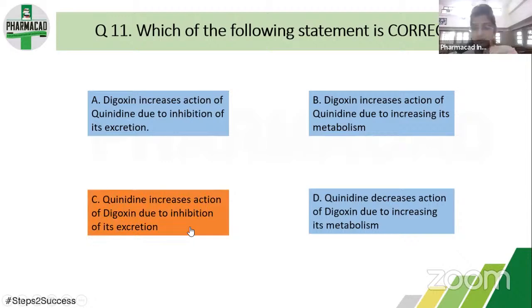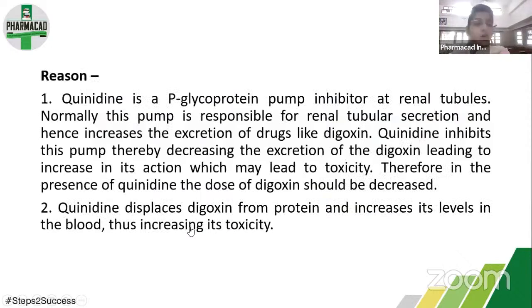So let us look why it does so. The reason behind it is that quinidine is a P-gp pump inhibitor, and it acts at the renal tubule. Normally this P-glycoprotein pump at the renal tubule is responsible for renal tubular secretion, and hence it increases the excretion of drugs like digoxin.